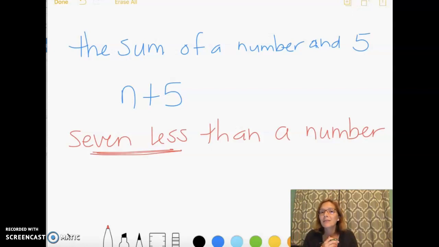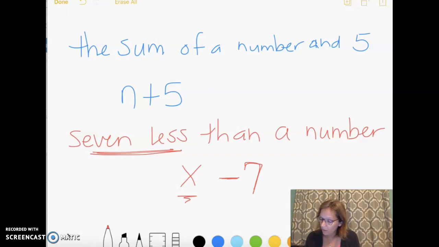But if it says less, you're going to get it wrong if you put it on the front. Please put it on the back when it starts with 7 less or 8 more. It goes at the end. So when it says 7 less, I know I'm going to put that on the end. And then than a number, just pick a variable, is going to go on the front. Because this says 7 less than a number. Okay? Please remember that. That's really important.